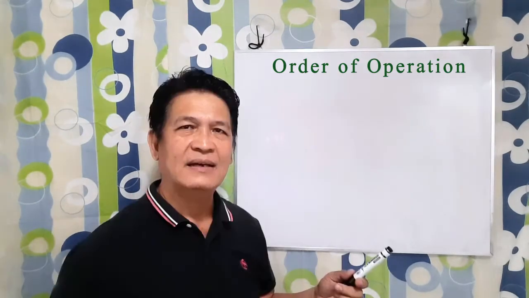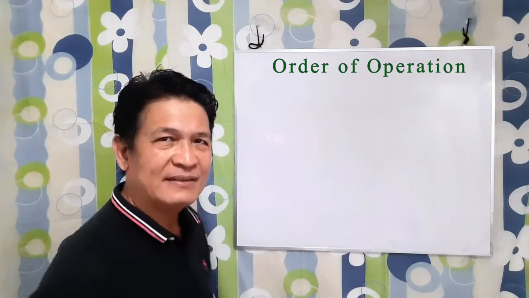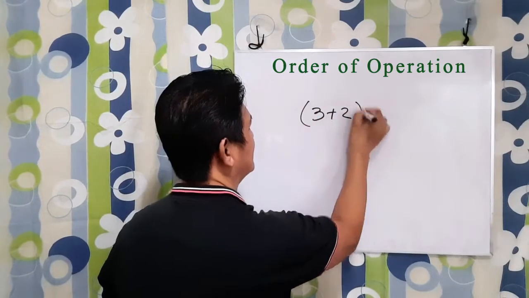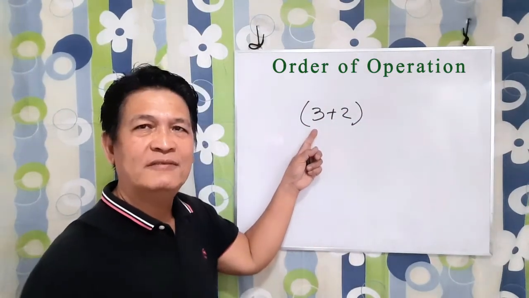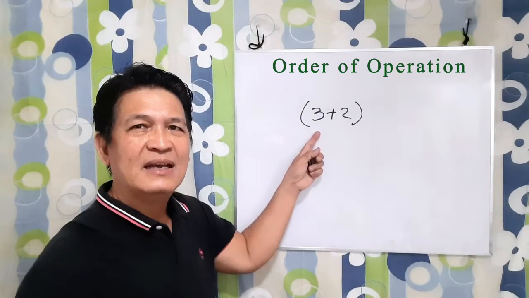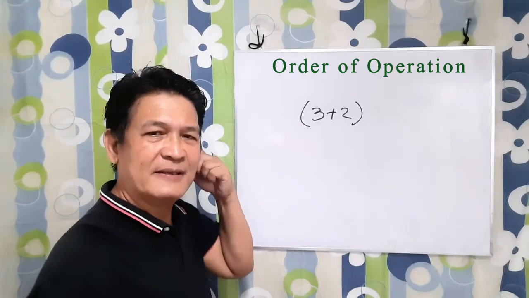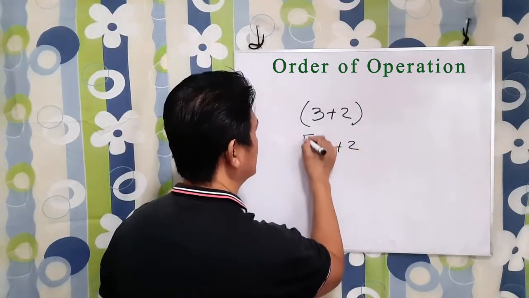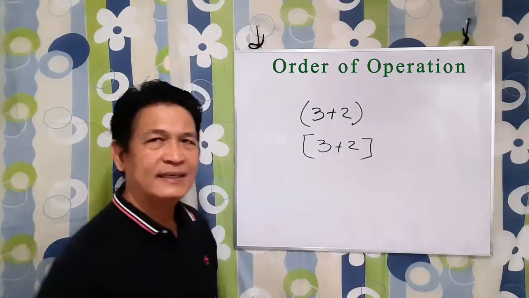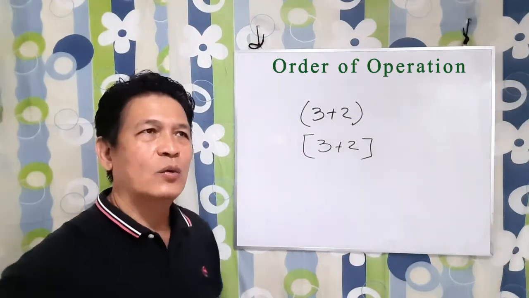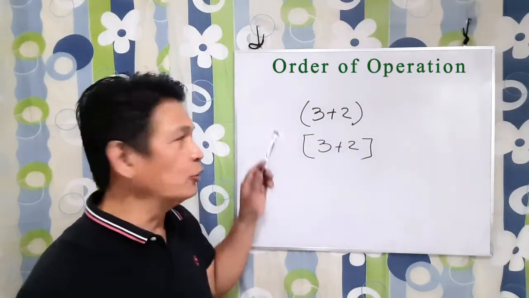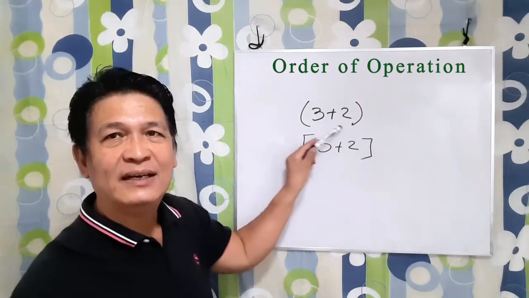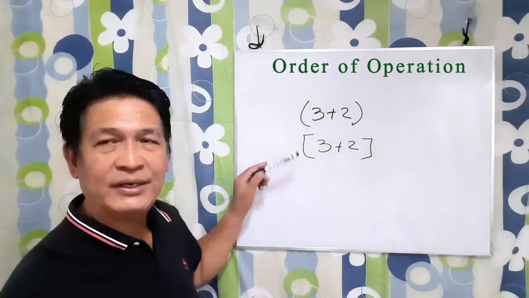For example, a set of numbers grouped by a parenthesis is 3 plus 2, or 3 plus 2 grouped by a bracket. Once you see a set of numbers grouped by this, you have to simplify first what is inside your parentheses or your bracket.